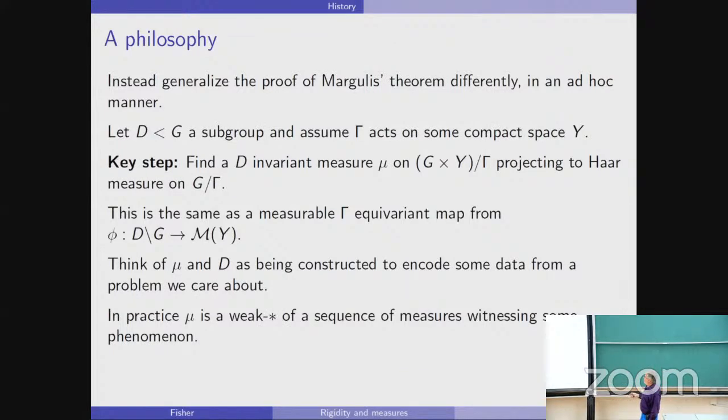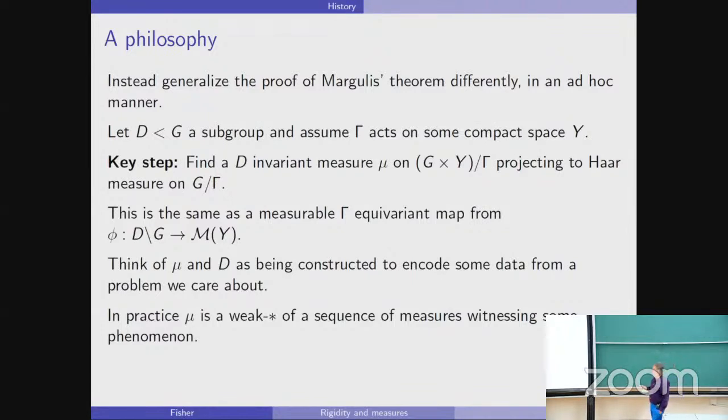When you're trying to prove some rigidity theorem about a group action or a property of a group or a property of a space on which a group acts, it might be a good idea to try and find some subgroup that encodes some information about your problem, and then find some space that encodes some information about your problem, and try and build an invariant measure for that group on this resulting suspension space that projects to Haar. And then analyzing this measure should be a way to start thinking about your problem and maybe solving it.